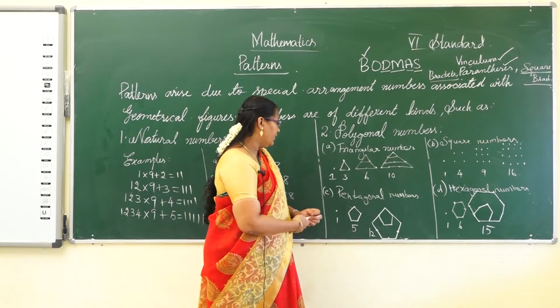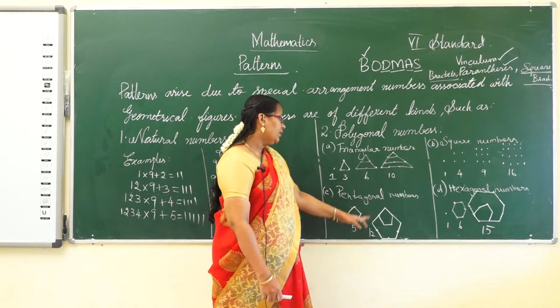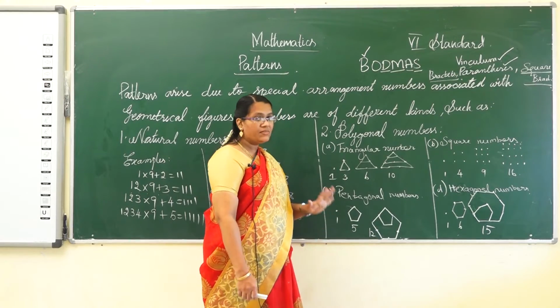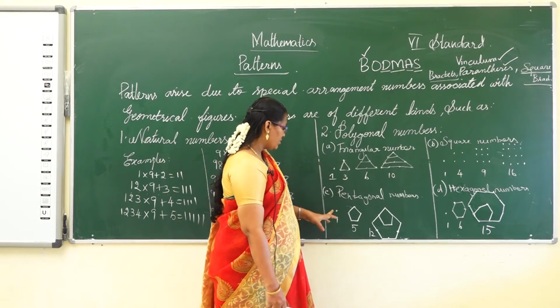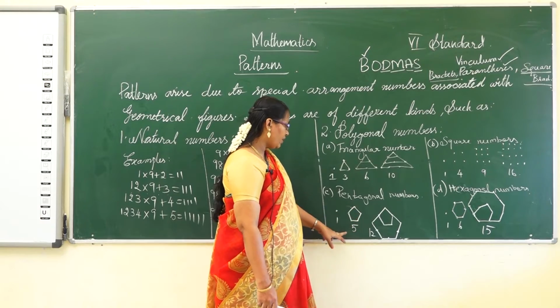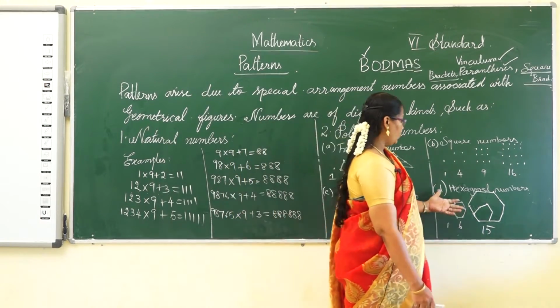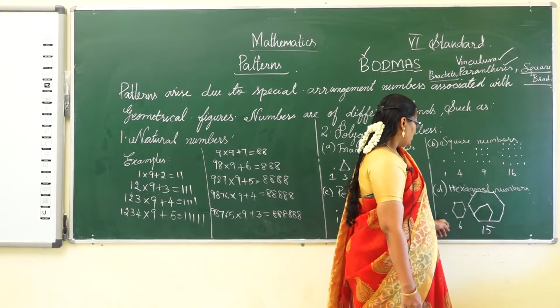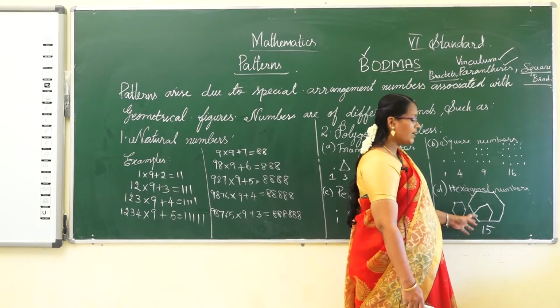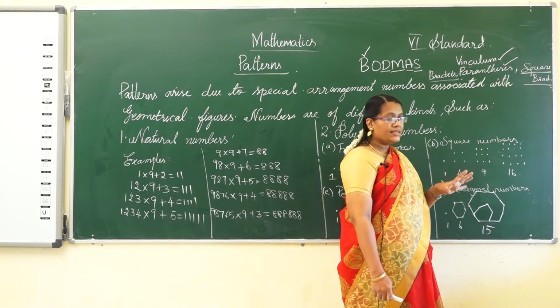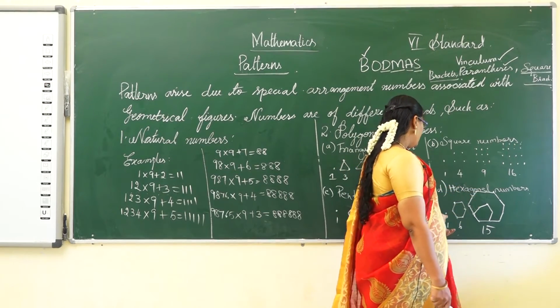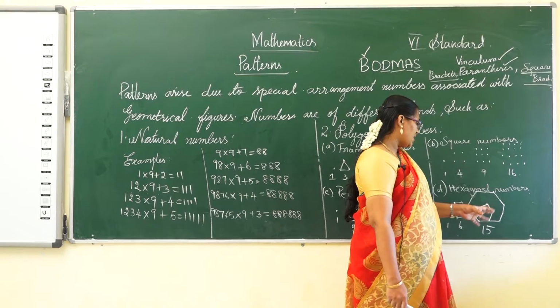The third pattern is pentagonal numbers. Pentagon means 5, five sides. The first is 1 and next 5, and the pattern is 1, 5, 12, and so on. The final one is hexagonal numbers: 1, 6. Hexagon means it has 6 sides, 6 edges, and the sides are equal.